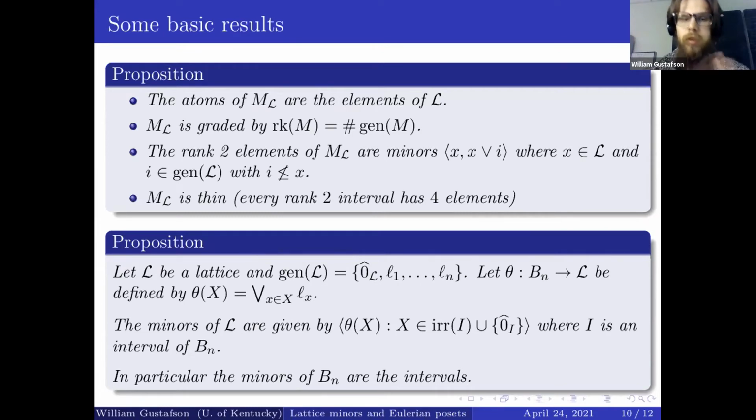So let me go on a little aside first. If you think about that notion of deletion contraction, there's only joins in it, right? No meets. So if you prefer, you could think that this is not really thinking about lattices, but about what's called a join semi-lattice, when you maybe don't have a meet operation.